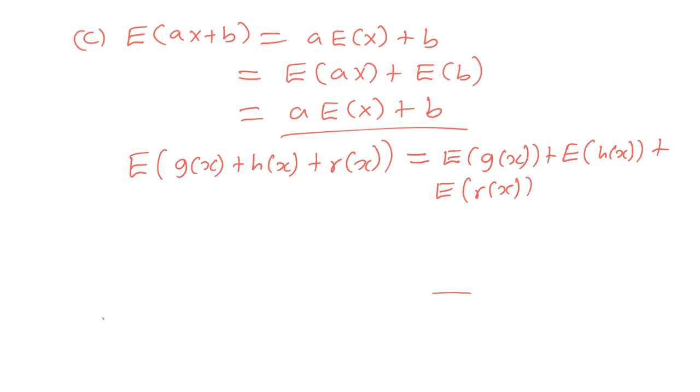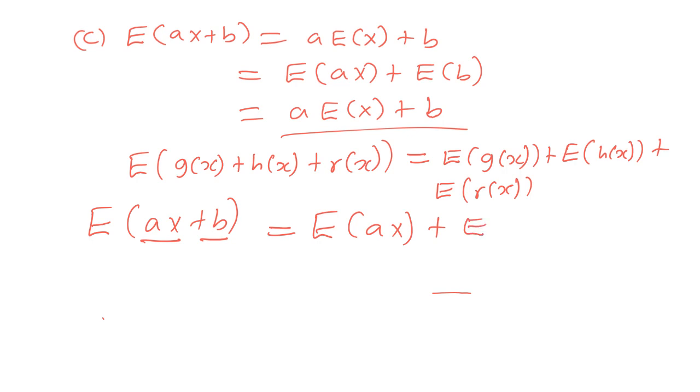That's why when I have E of AX plus B, I treat this as a function and this as a function, so I write this as E of AX plus E of B. But we have just proved that E of AX is A times E of X, plus E of B, and since B is a constant, E of B is equal to B.